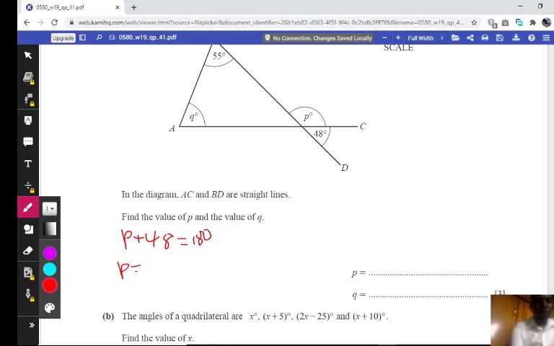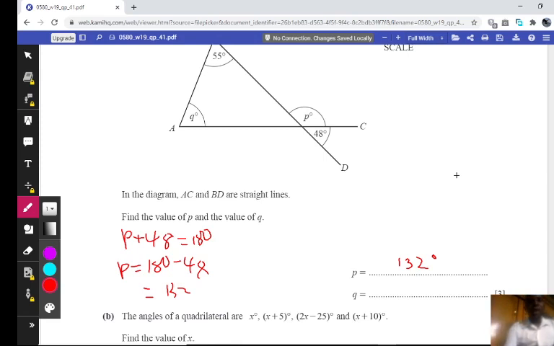So it means your P is equal to 180 minus 48. Then you can punch in your calculator 180 minus 48. What do you get? 132. So P is 132. I can write 132 degrees. Please don't forget to put the degree sign.